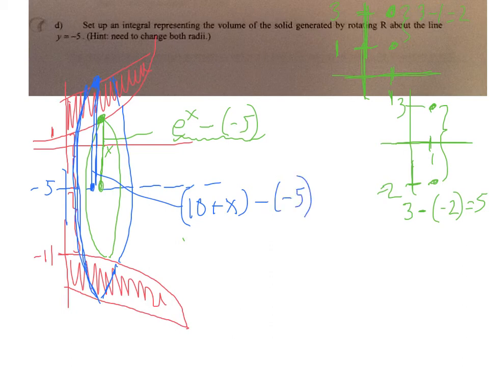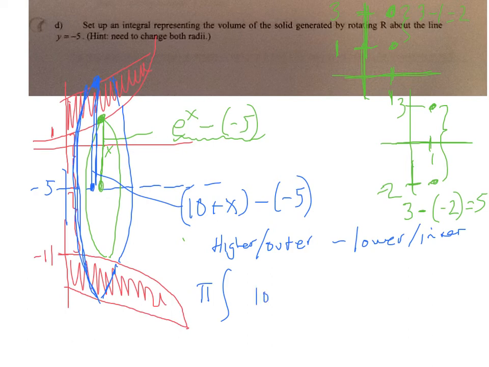So if we put those together, you really need to be careful about which goes first. Make sure you're doing the outer one or the higher curve, minus the lower or the inner curve. Okay, so the higher curve, the radius is 10 plus x minus negative 5. I can, of course, think about that as plus 5, and I can make that 15 plus x.